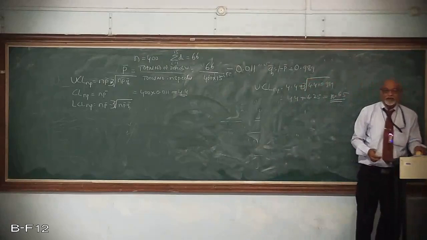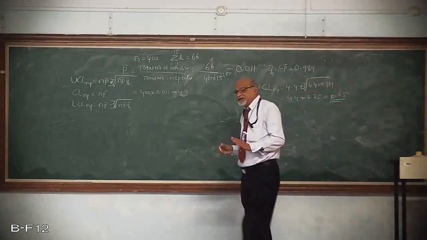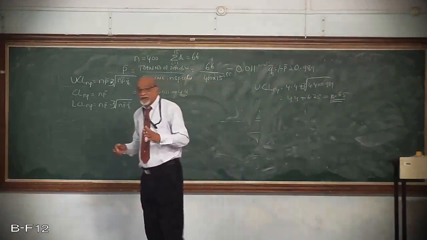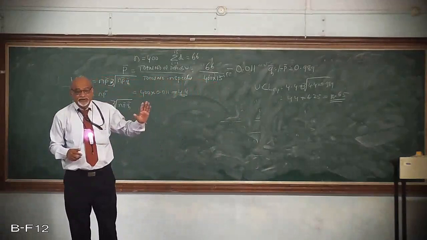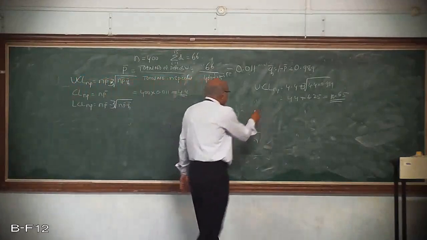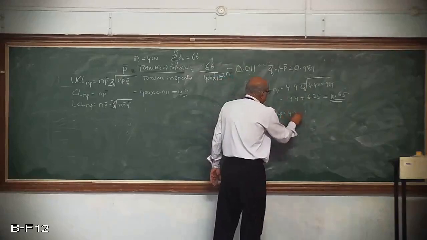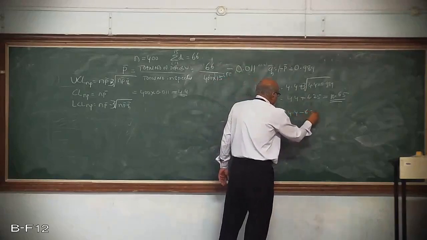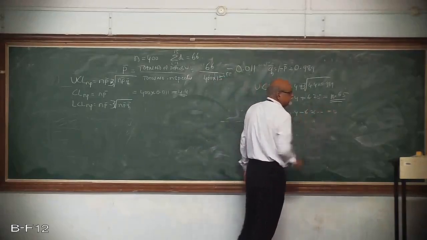The number of defectives here is 10.65. I can't count 10.65 or 10.5 defectives. So what we will fix is, if it crosses 10, then the process is out of control. That is, 10 we will be considering. Try to understand. Similarly, the lower control limit is 4.4 minus 6.25. This is a negative value, so I will consider it to be 0.